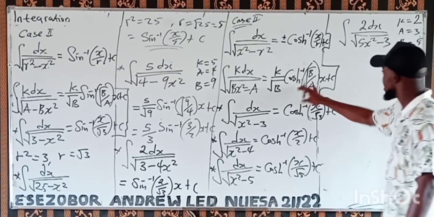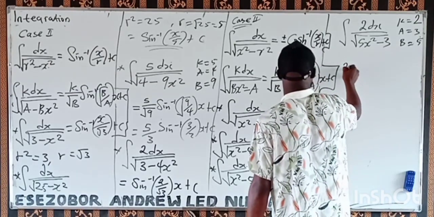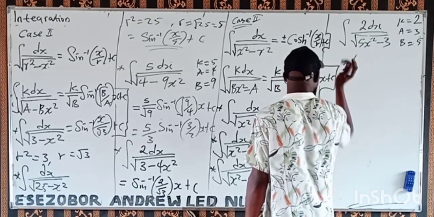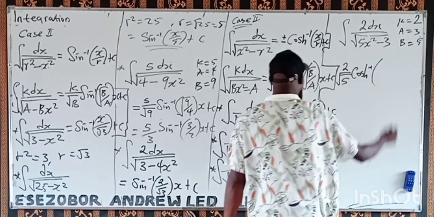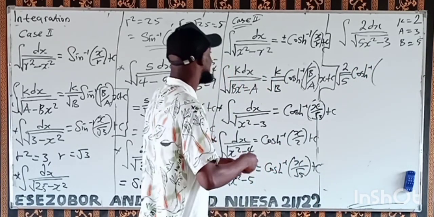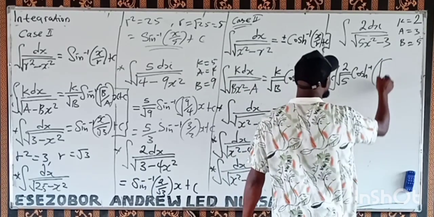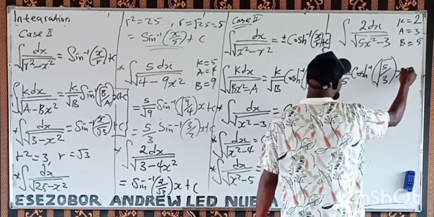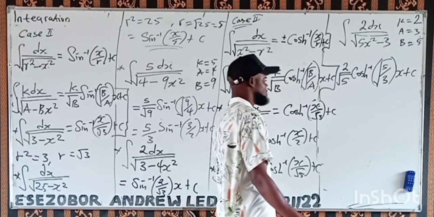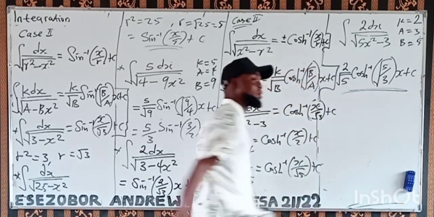So we come back to this answer: k over root b, which is 2 over root 5, then cos inverse of root b over a x plus c. That's why I will have this answer.